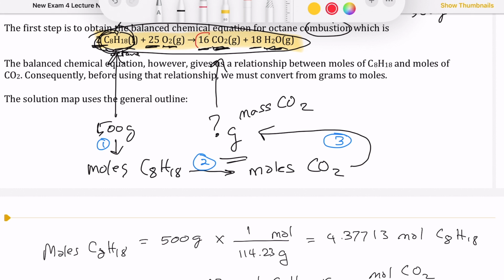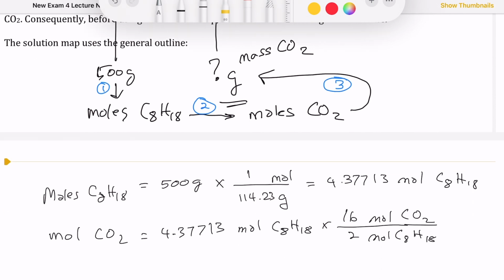Well, it comes from your balanced equation: 16 for CO2 and 2 for C8H18. So I put those numbers there, 16 to 2. If I do that calculation, I end up getting 35.017 moles of CO2.